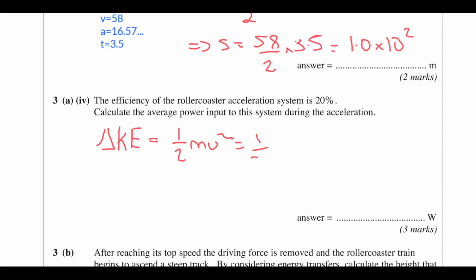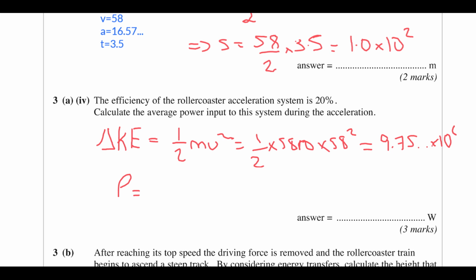So half times 5800 times 58 squared, which gives us a value of like 9.75 and so on, times 10 to the 6.